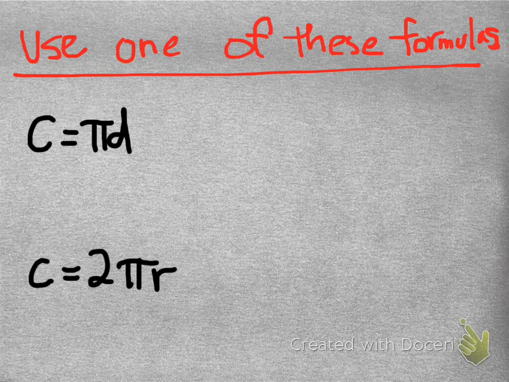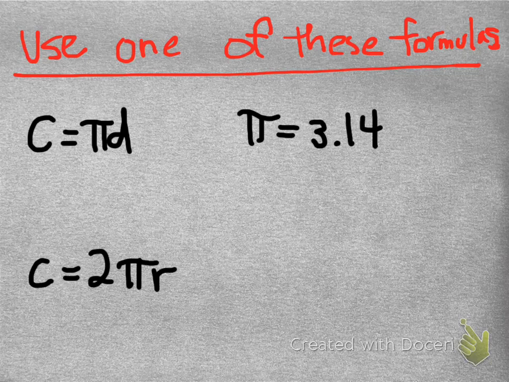Okay, so I'm going to tell you what pi stands for. And in your notes, you want to say pi equals about 3.14. In your definitions, I would write D stands for diameter, and the R here stands for radius.